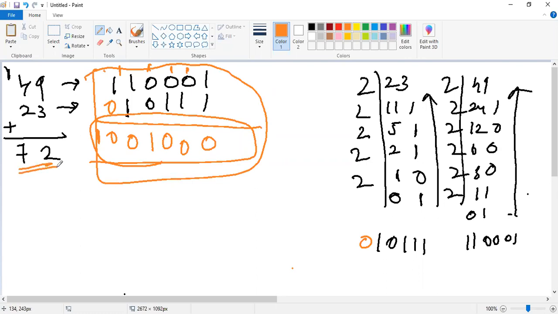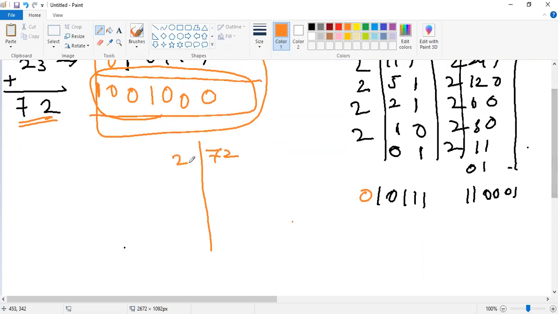See, if we find the binary of 72, this will be 36 remainder 0, 18 remainder 0, 9 remainder 0, 2 4s are 8 remainder 1.